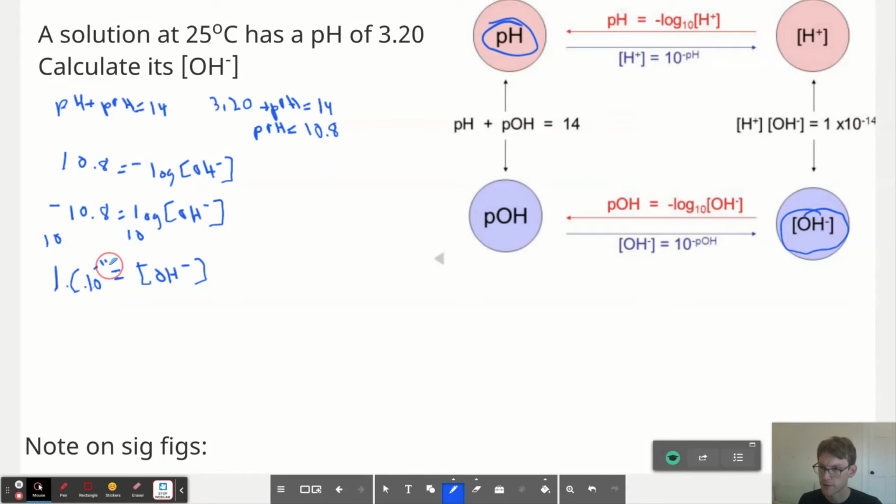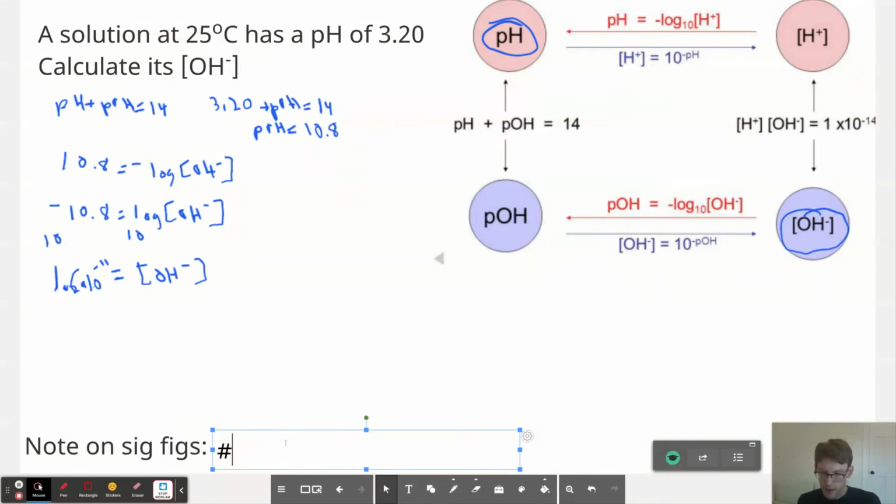And actually, you may be wondering about the sig figs here. Maybe you got 1.58 times 10 to the negative 11th. Well, the rule here is that with sig figs, I will type this since writing with a stylus is a bit messy.